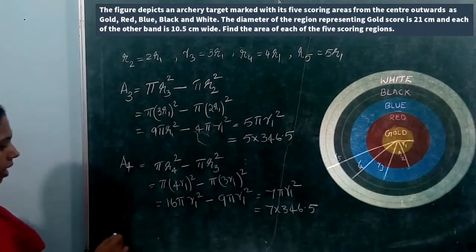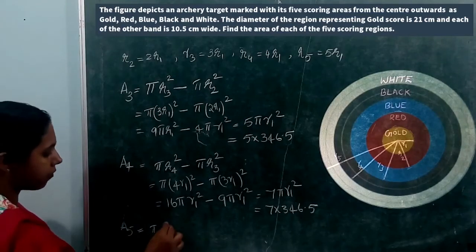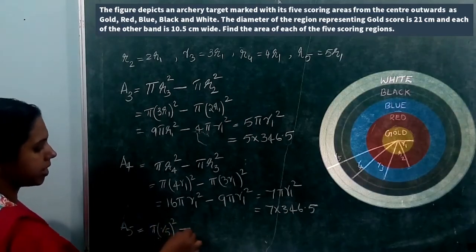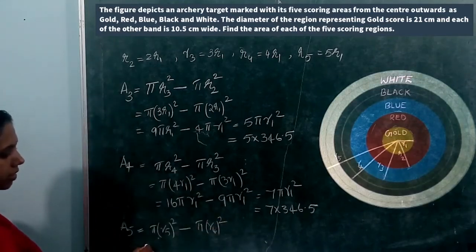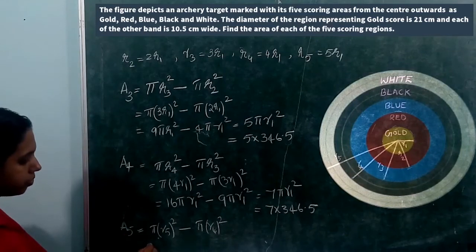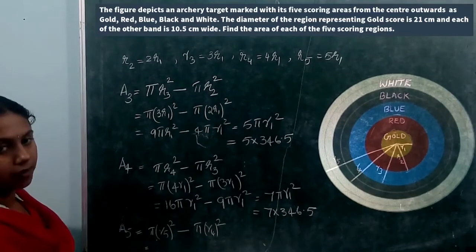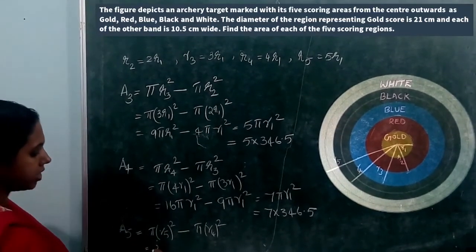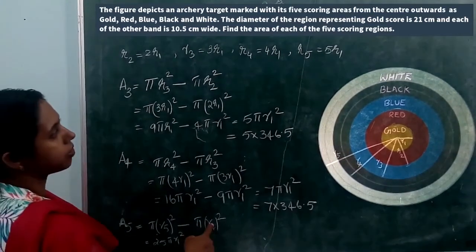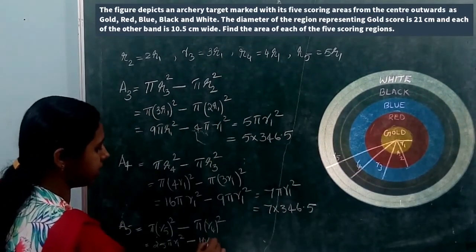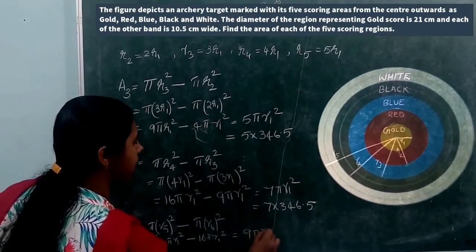So area of fifth region is equal to pi r5 whole square minus pi r4 whole square. r5 is equal to 5r1, so it will be 25 pi r1 square minus, here r4 is equal to 4r1, 16 pi r1 square, that is equal to 9 pi r1 square.